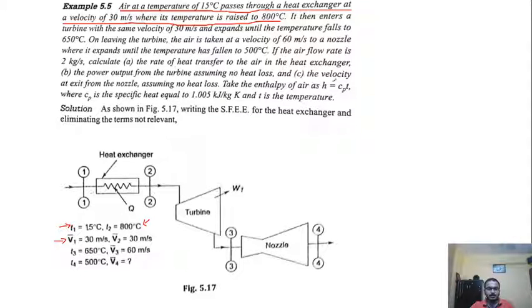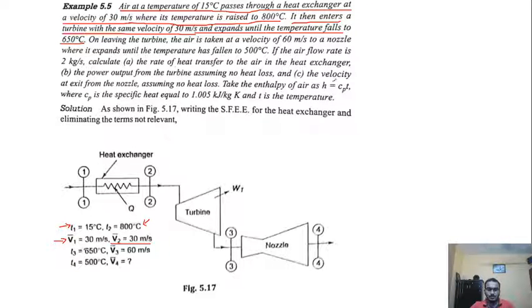Here initially it was at temperature 15 degrees Celsius and velocity 30 meter per second. At the exit of the heat exchanger we are getting 800 degrees Celsius, and it then enters a turbine with the same velocity of 30 meter per second. So velocity is not getting changed, velocity is remaining constant, and the air expands in the turbine until its temperature falls to 650 degree Celsius.